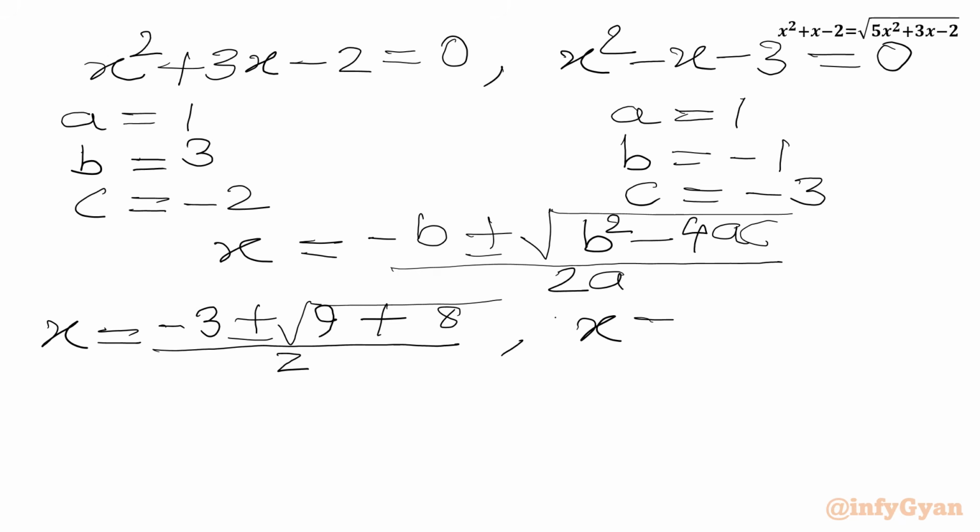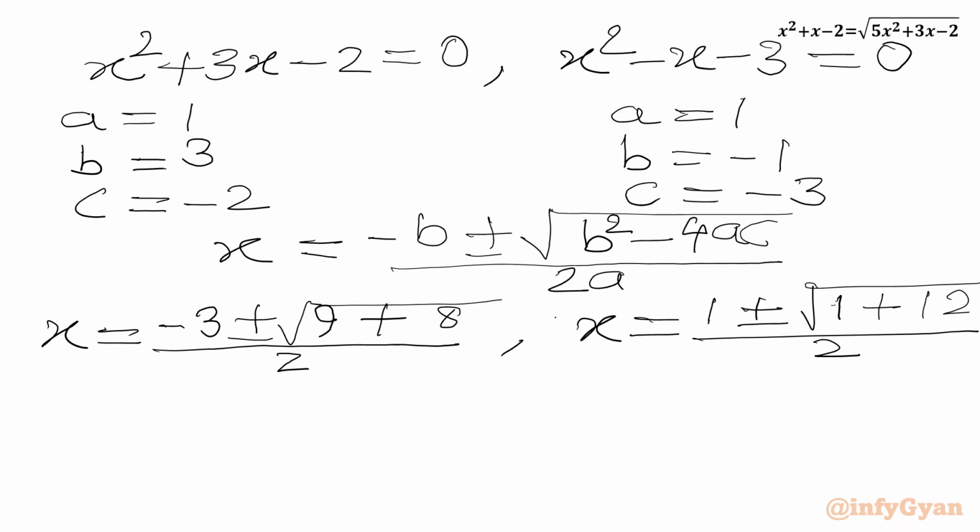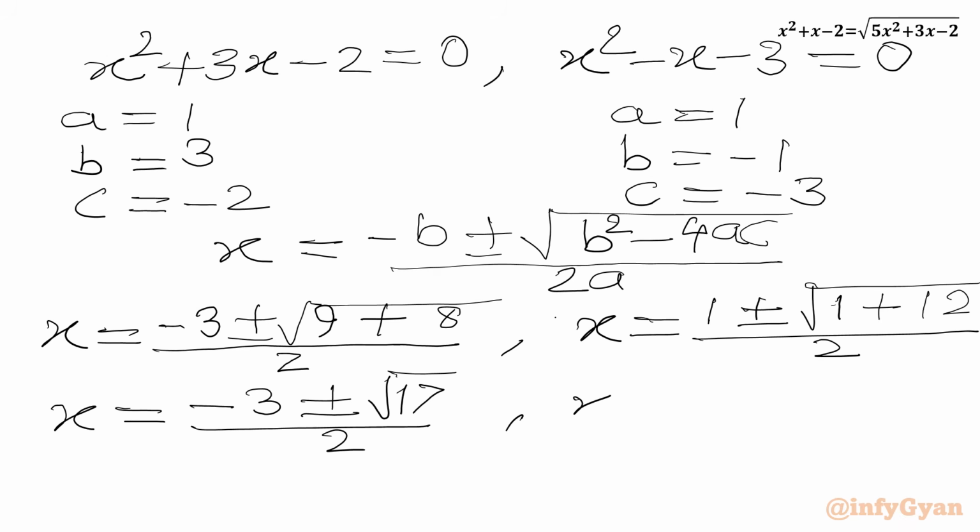Here we will be writing x equal to minus of minus 1 plus minus square root of b square, which is minus 1 square, we will write 1, minus 4 times 1 times minus 3, we will write plus 12, over 2 times 1 is 2, which will give us x equal to minus 3 plus minus square root of 17 over 2. And here we will be writing x equal to 1 plus minus square root 13 over 2.